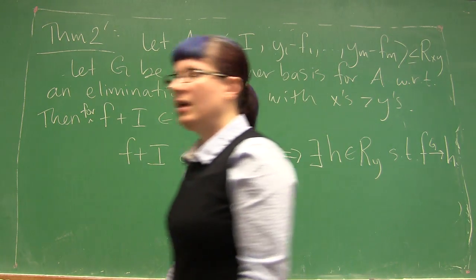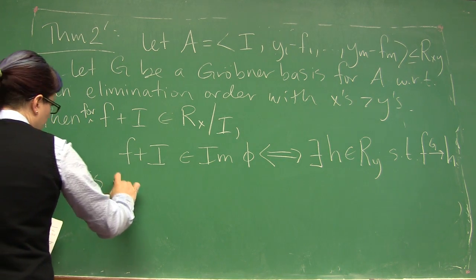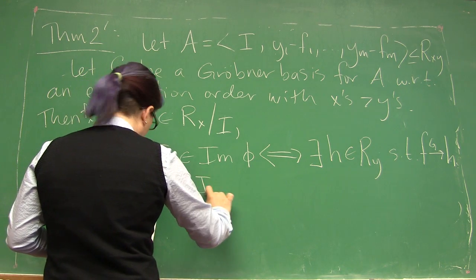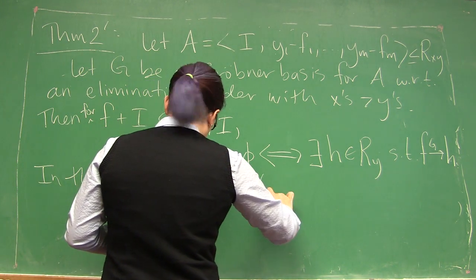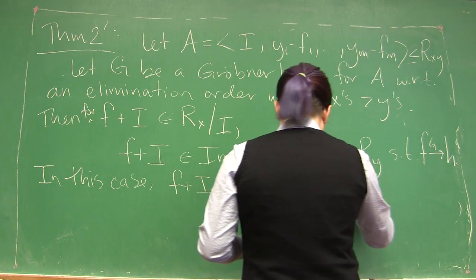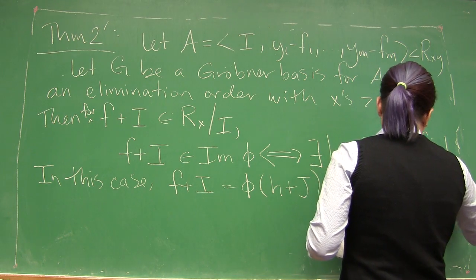And again, in this case, we have that the coset f plus I is equal to phi evaluated at h plus J, which is h of f1 through fm plus I.